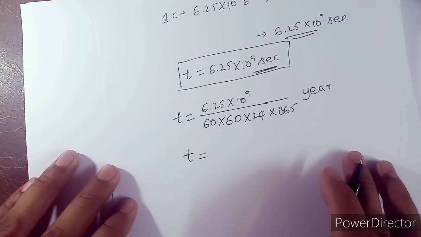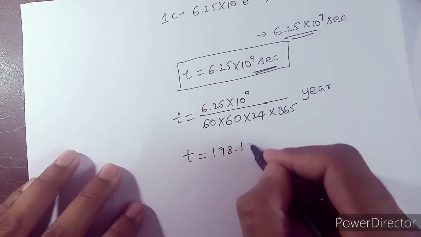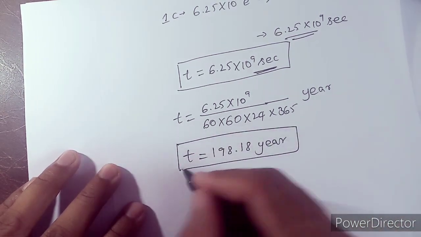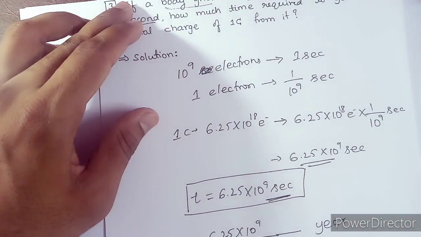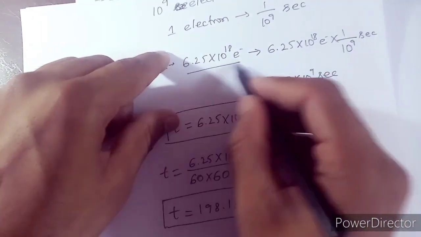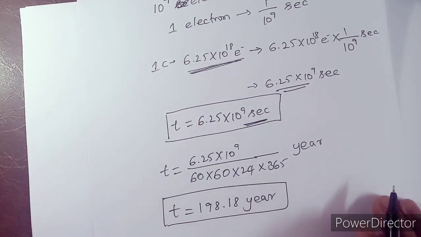So that gives you how much? 198.18 years. So it takes this body 198.18 years to give out these many electrons. This is the answer. Thank you.